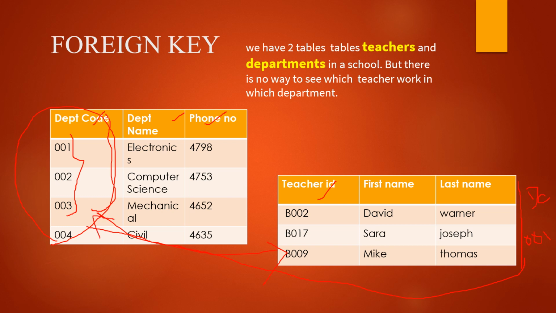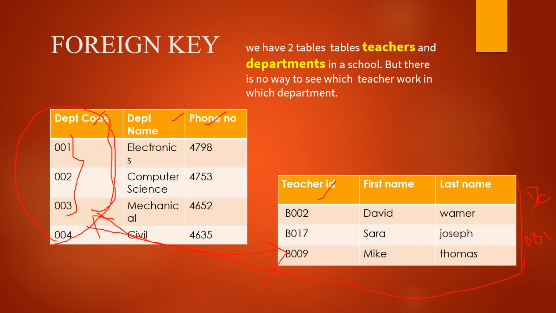So we create the relationship between these two tables by just adding a column. That column is known as a foreign key. Just understand, a foreign key is a key that is added to a particular table and points to the primary key of another table to create the relationship between two tables.